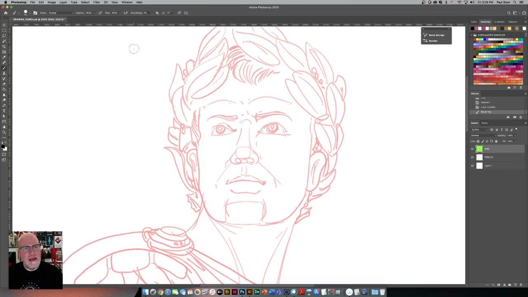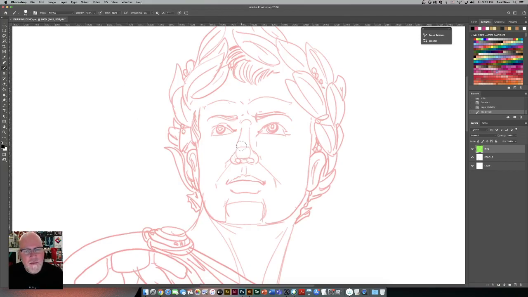The thick and thin that I'm talking about, I'm just working in Photoshop here, and I have a brush that is set to respond to the Wacom tablet's pressure, so the harder I'm pressing, the thicker the line I get. A lighter touch gives me a thinner line.